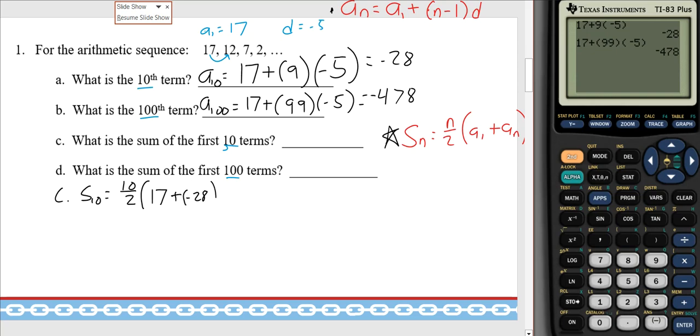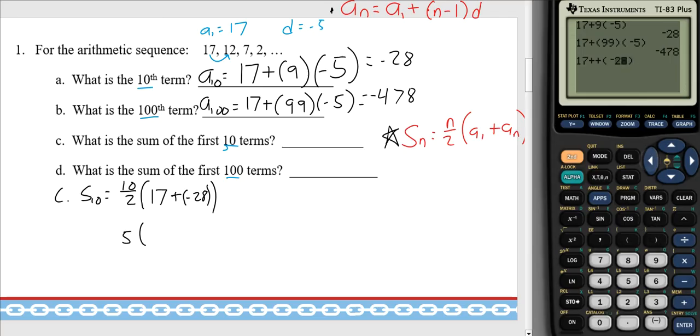Now this one gets a little tricky because we have a negative value, so I'm going to need an extra set of parentheses there. So I am going to say that this is 5 times. On my calculator, I can go 17 plus a -28.